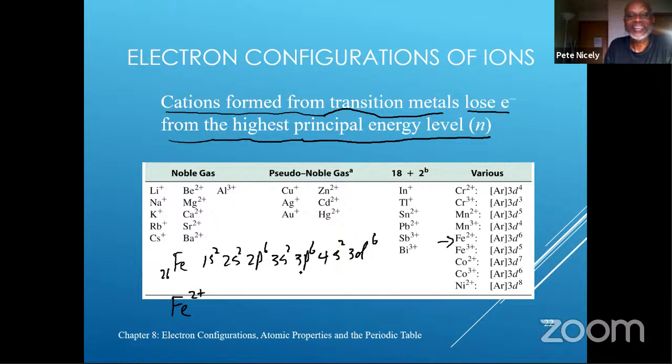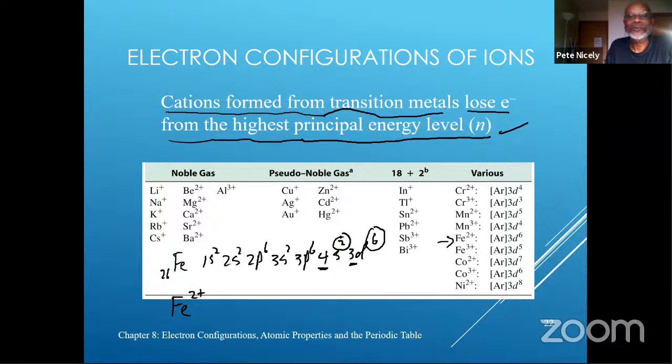In other words, in the case of iron, the electrons to be lost would be the electrons from the 4s orbital here. And you might be wondering, why don't we remove the electrons from here? Well, it's because of what this statement is saying, right? You remove the electrons from the highest principal energy level, which is the 4th energy level, not the 3rd energy level, all right?